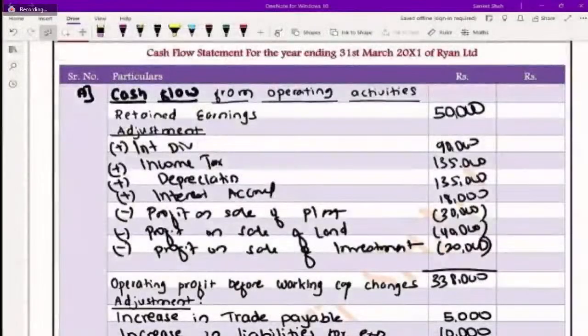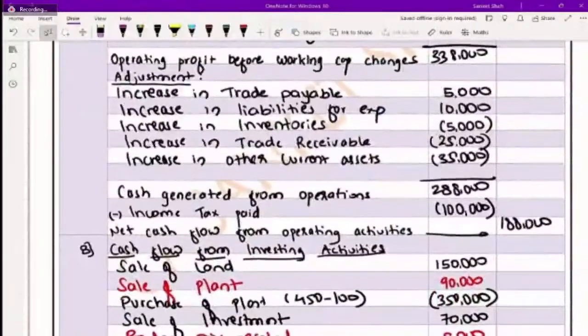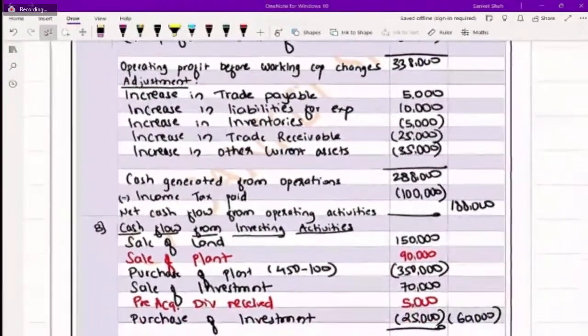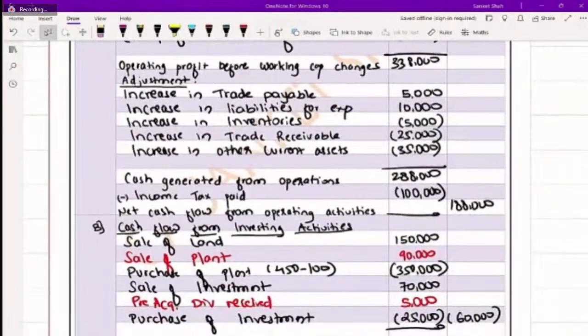37 minutes. 30 minutes, beta. Oh my God, miss your speed. Nalini is saying, sir, match with your speed. So let me take a screenshot. Vikas is saying okay. So operating profit before capital changes. Beta, I want to make you very strong for your exam.